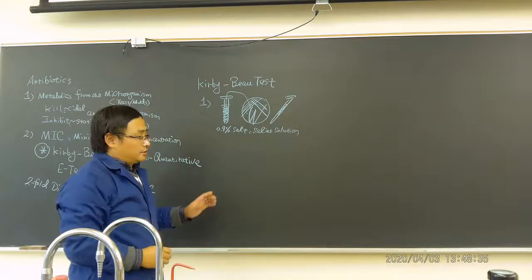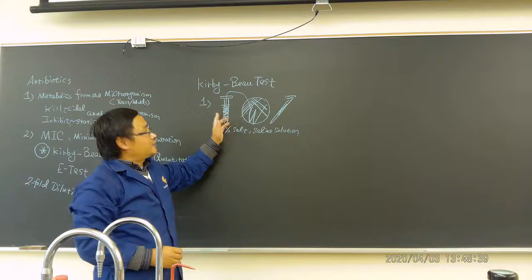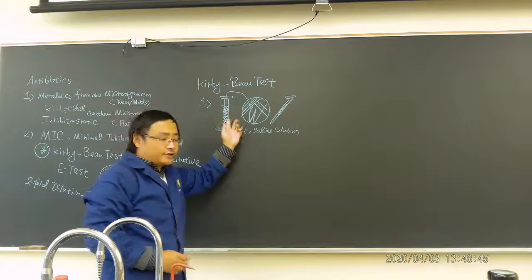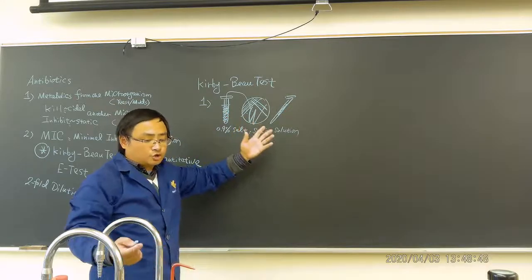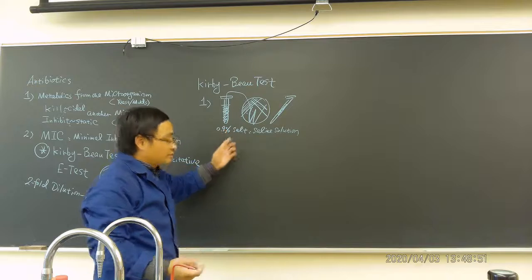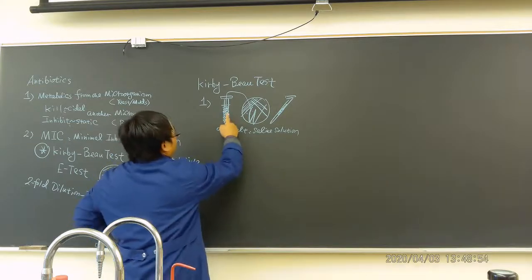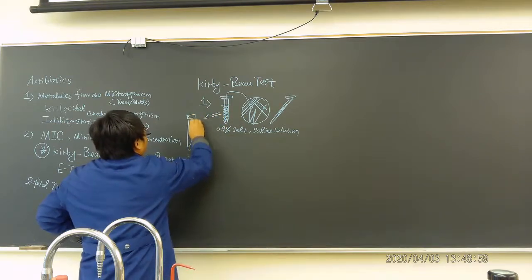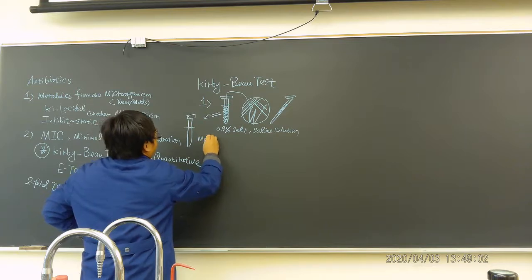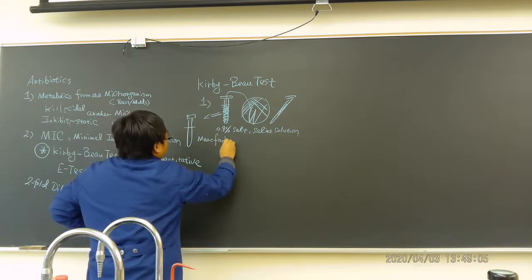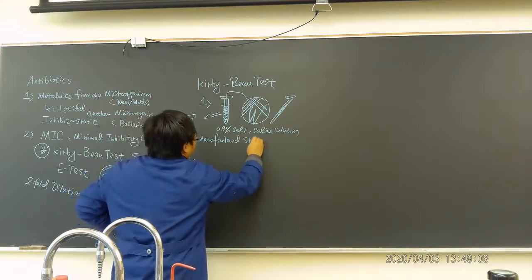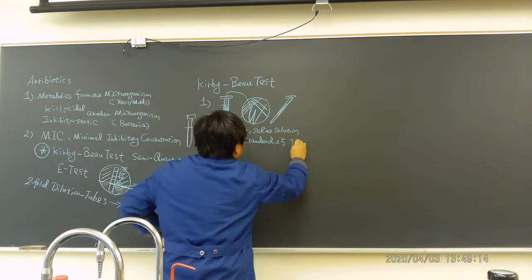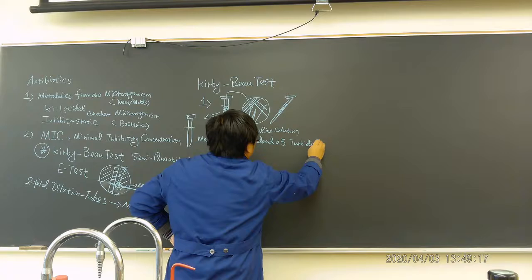The very important thing is we need to know approximately how many bacteria we add, because if we add a different amount, the total concentration will be different. There is a standard. We compare the suspension to the so-called McFarland 0.5 turbidity tube.